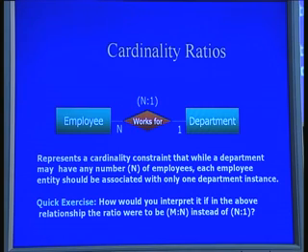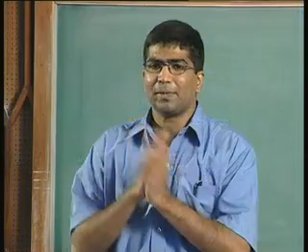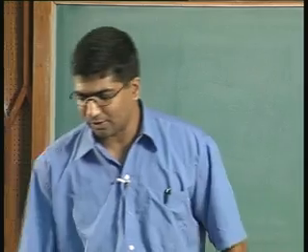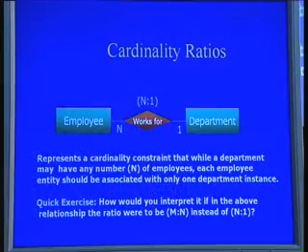Let us say 4:3. That means that a department can have at most 4 employees, and an employee can work in at most 3 departments and so on. So basically you can represent a cardinality constraint or a cardinality ratio in this case, where participation in this relationship is constrained by these cardinalities or numbers of entities.